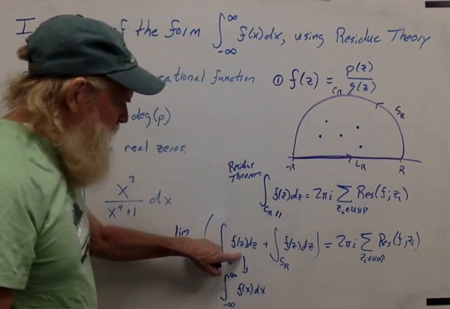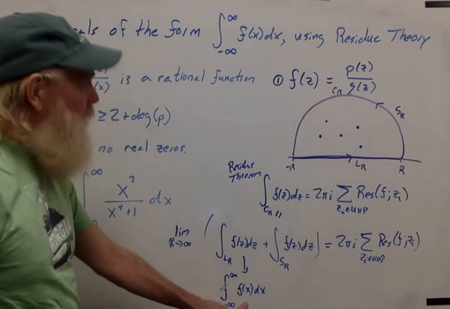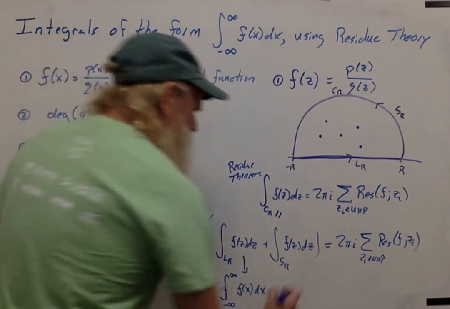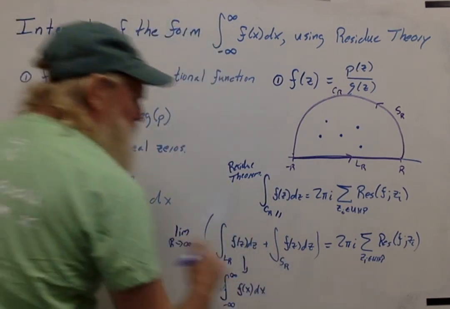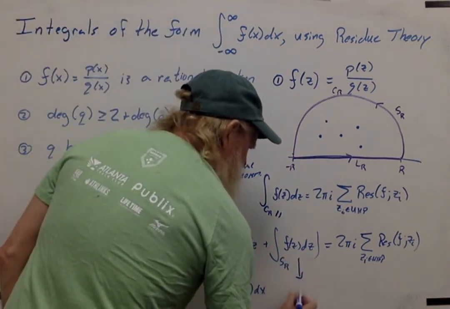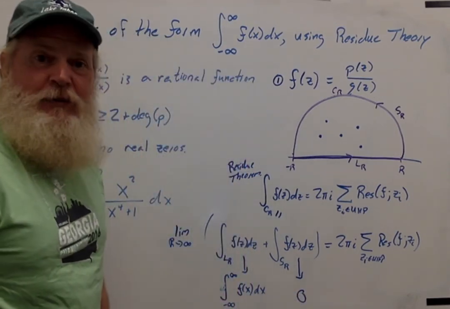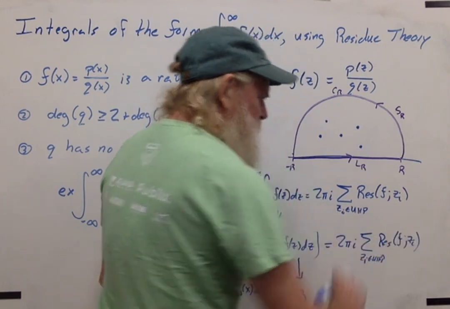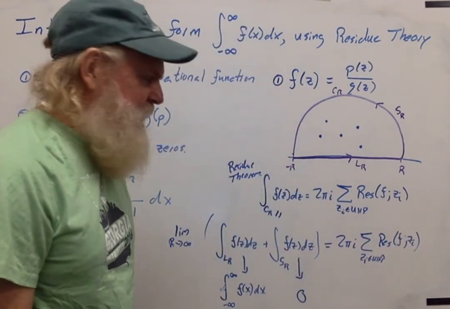So this first integral becomes the one that we're looking for. This second integral, under the circumstances that we've described here, is going to tend to 0 as r goes to infinity. And this side doesn't involve r at all, so that stays constant.